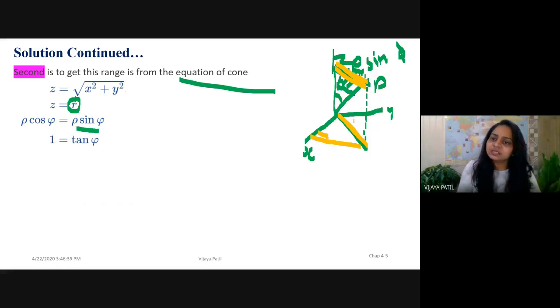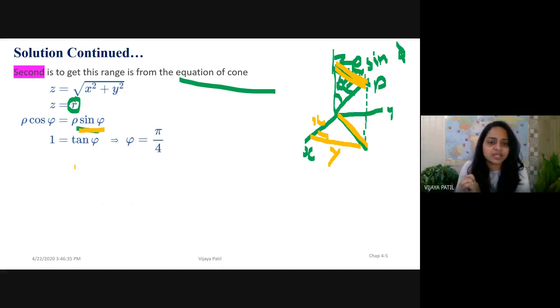It is the square root of x square plus y square, because this distance is y, this distance is x, and this is the hypotenuse. That is small r, which is nothing but rho sine of phi, and therefore 1 equals tan phi, and so I get phi as pi by 4.